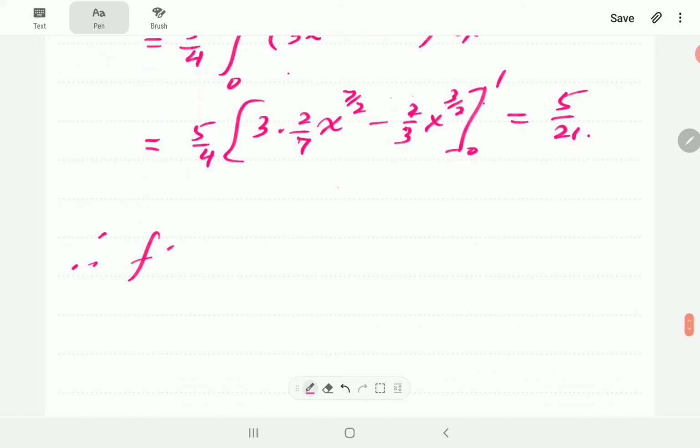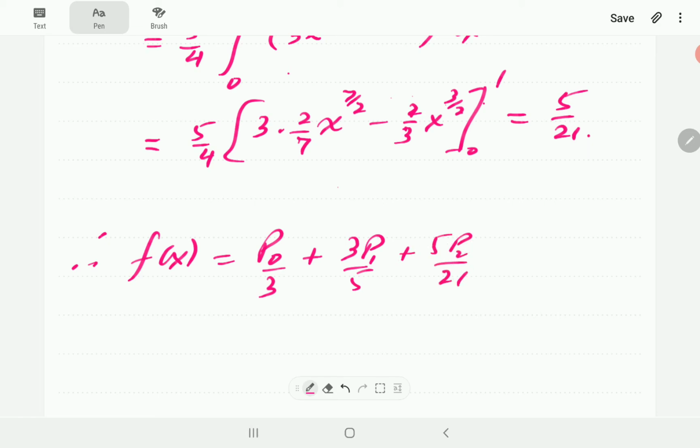So that means the first three terms of our Legendre polynomial series of this function are going to be p0 over 3 plus 3p1 over 5 plus 5p2 over 21.